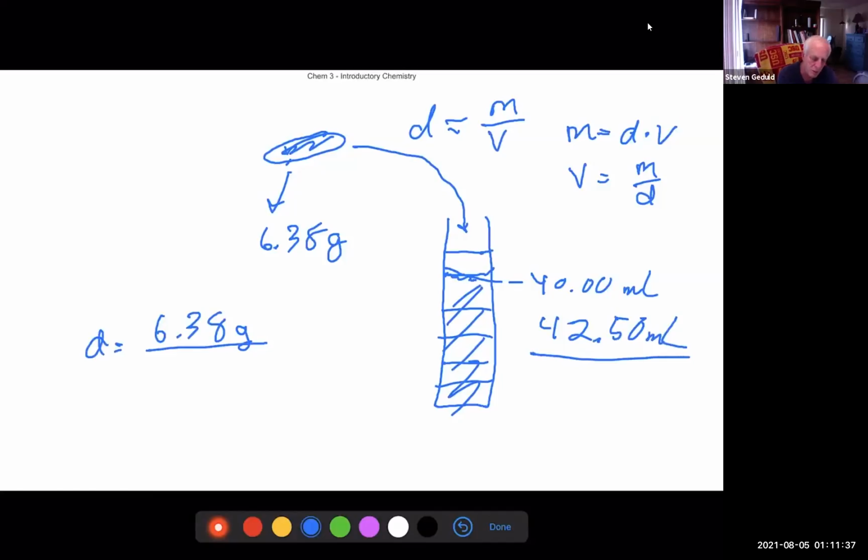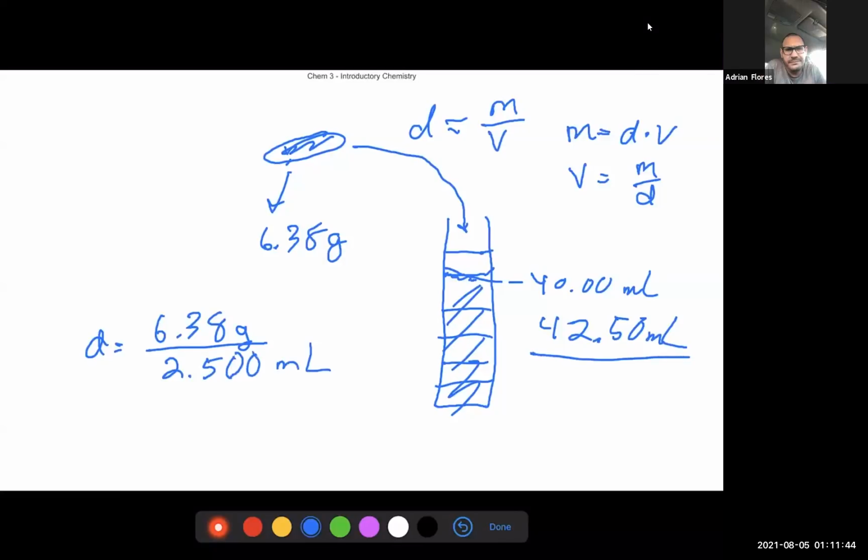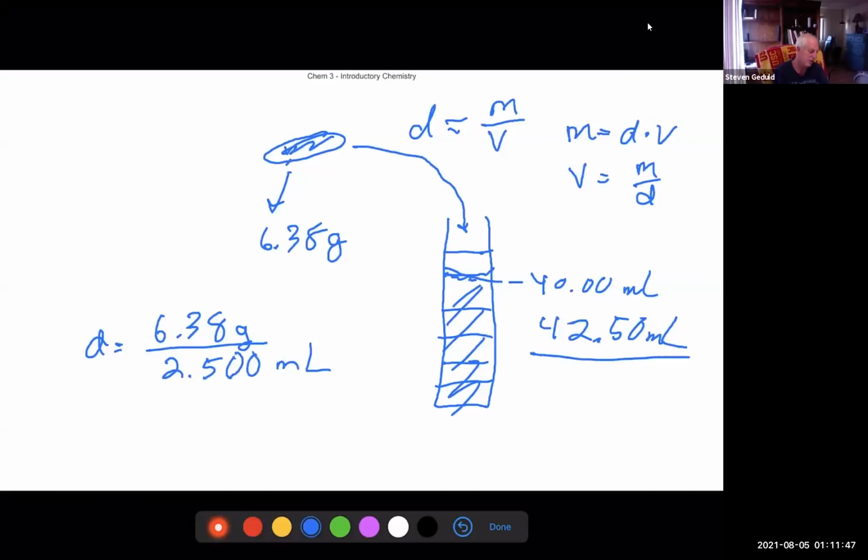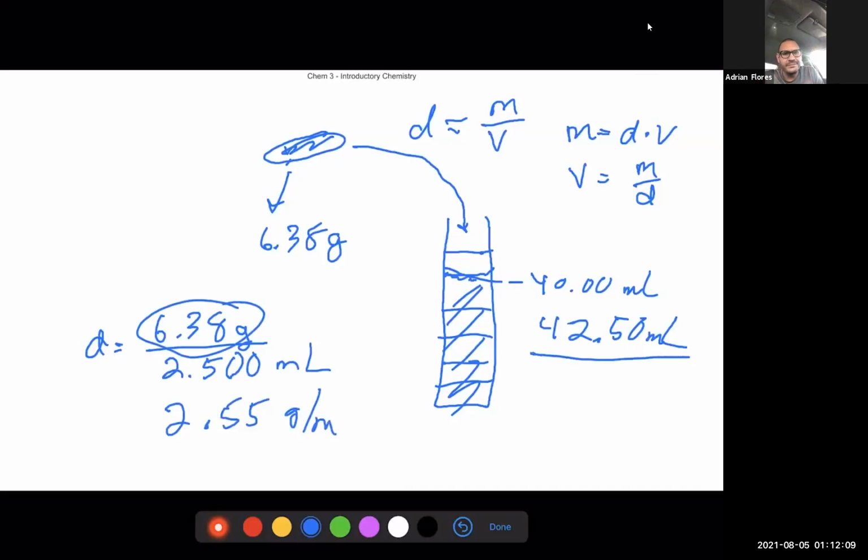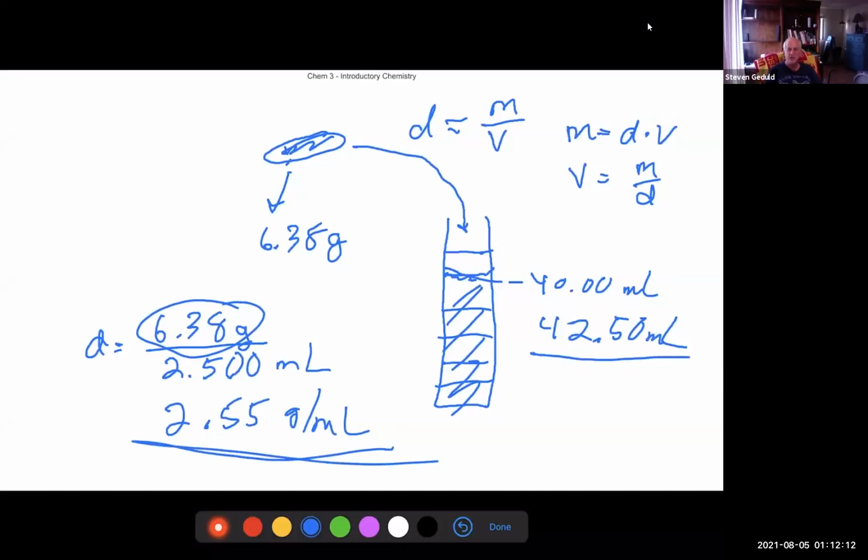So the volume is 2.500 milliliters. 6.38 divided by 2.5 comes out to 2.552, but we're good to only three significant digits, which is our lowest number. So 2.55 grams per milliliter. And that's how you do density.